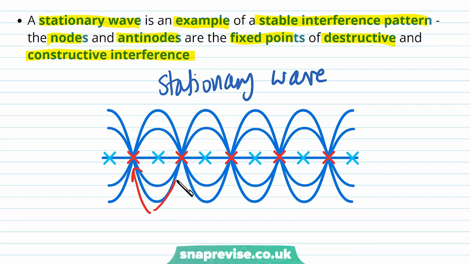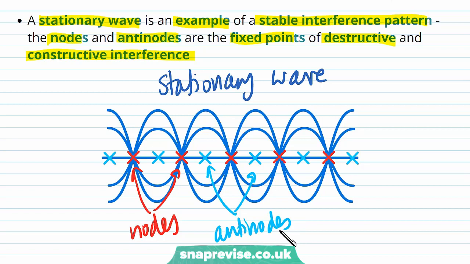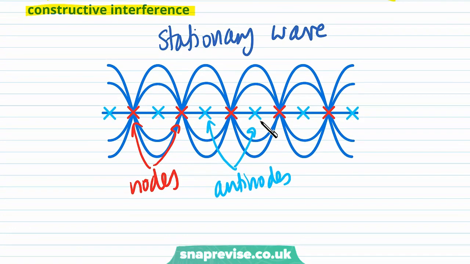Because if we remember, we have our nodes, where we always have zero displacement, and then we also have our antinodes, which are our points of maximum displacement. So at the nodes, we always have destructive interference, and at the antinodes, we always have constructive interference. So we can see that our points of destructive and constructive interference are fixed in position.